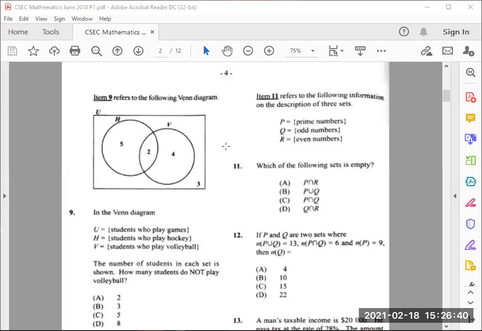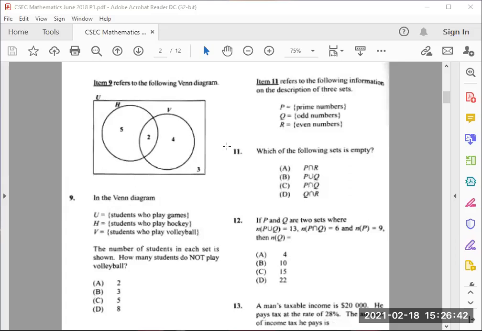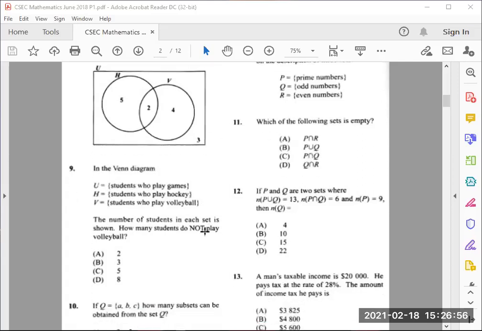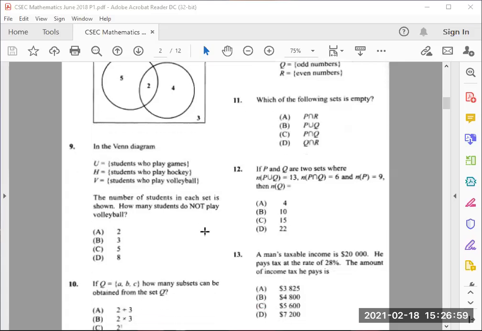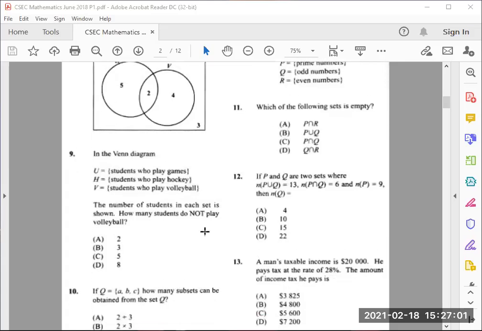Number 9, we're given a Venn diagram. H is for students who play hockey, V for students who play volleyball, and U for students who play games. And you're asked for the number of students who don't play volleyball.